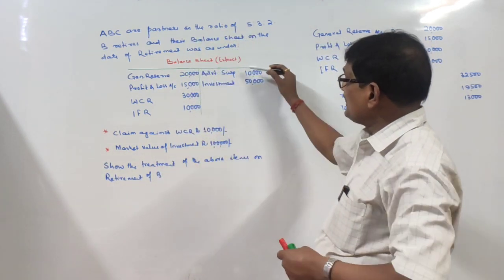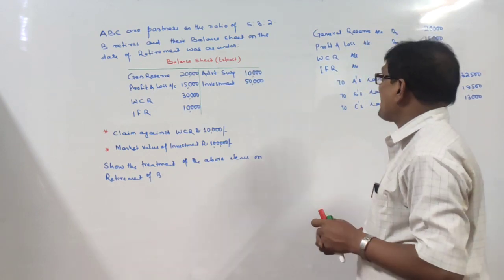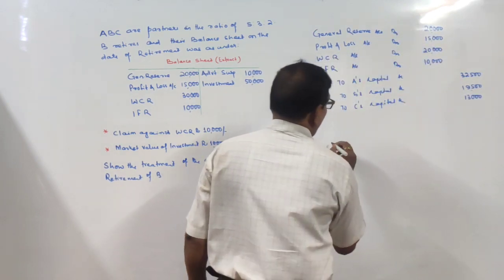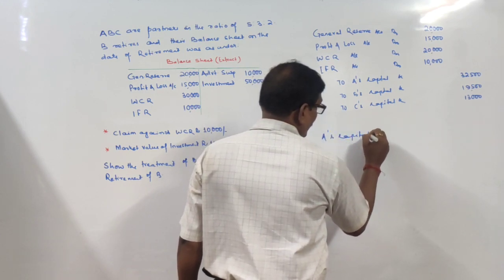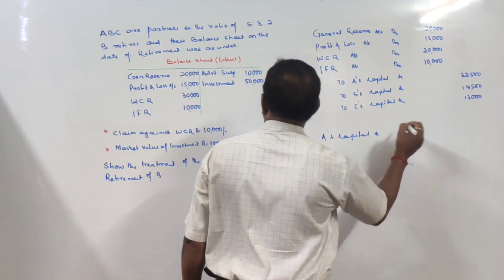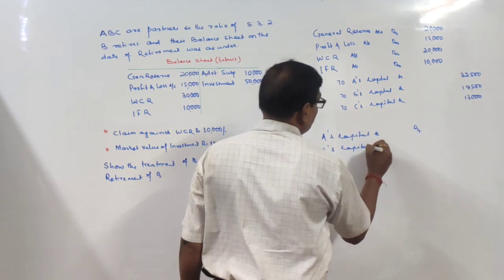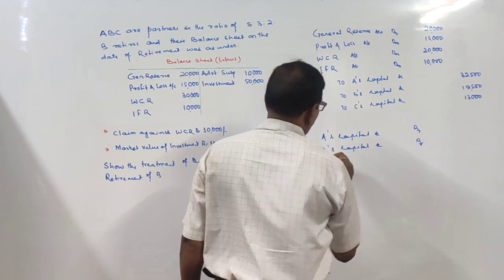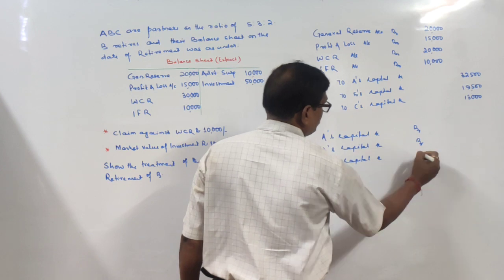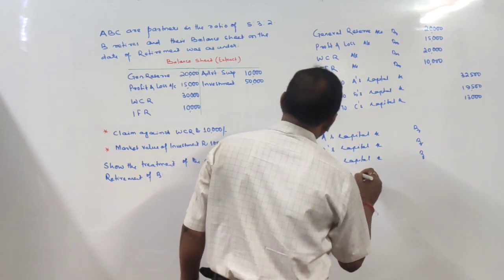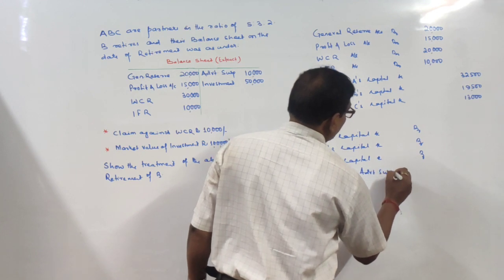And now accumulated loss, here only one loss is there, that is advertisement suspense. So that is to be debited to partners' capital account. At that time the entry will be A's capital account debited, B's capital account debited, C's capital account debit, to advertisement suspense account.